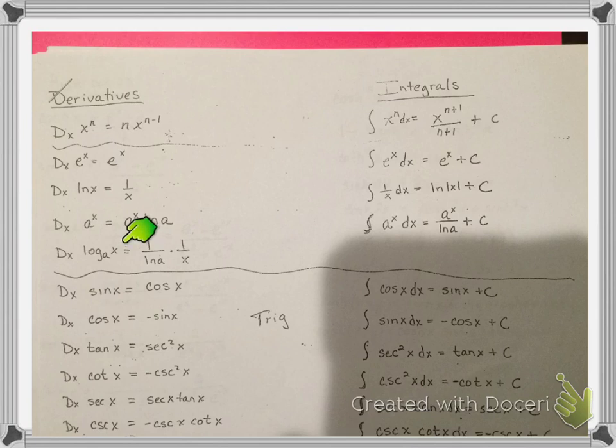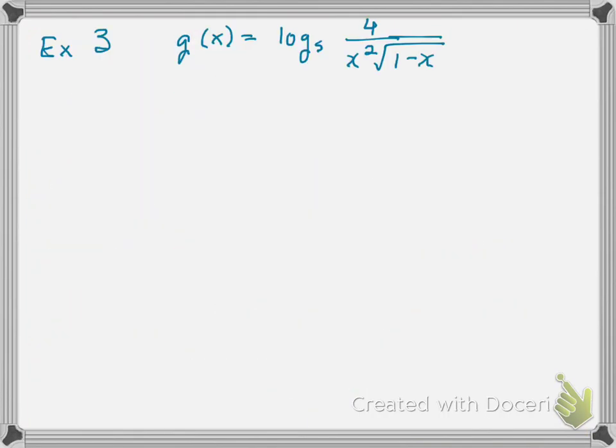But if we didn't, it would just be 1 over ln of a, in this case our a is a 5, times 1 over x. Remember, this is our x, and then ours is more complicated than that, so we have to multiply times the derivative of that.